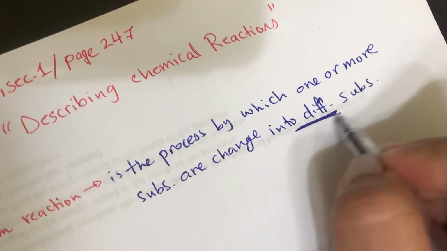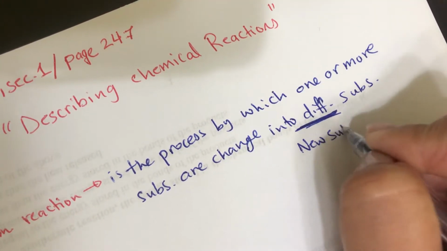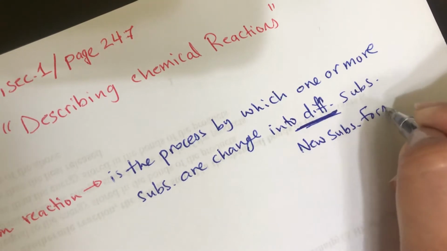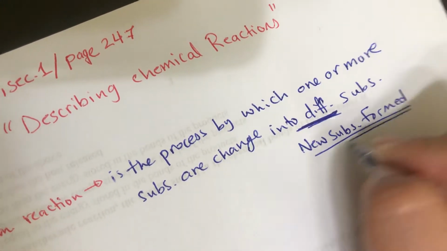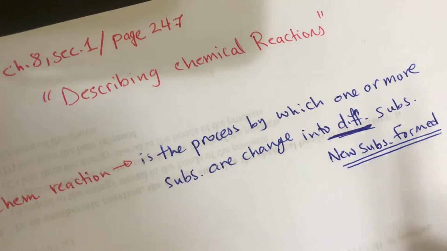So here the key word is a new substance formed. So in chemical reactions, a new substance is formed.